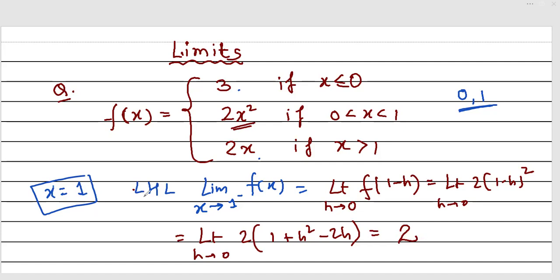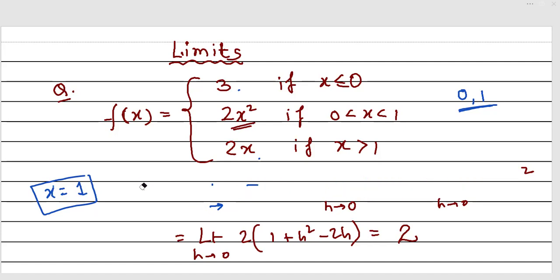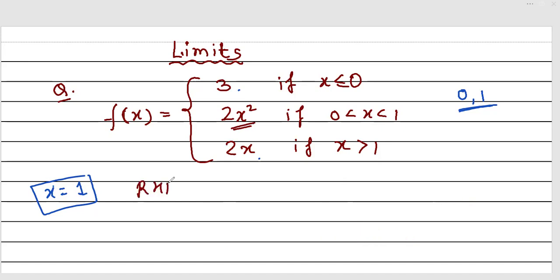Let us find out the right hand limit for this function at x is equal to 1. So where will be the change? The change will be in the x value. So now right hand limit will be given by limit x tends to 1 from right hand side. It can be also written as limit h tends to 0, f of 1 plus h.